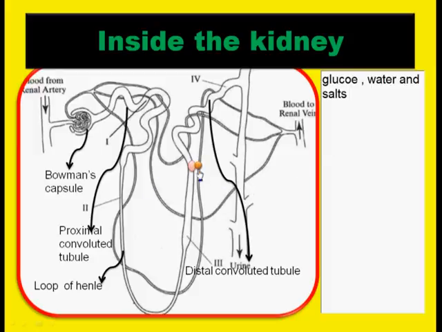Good. So the salt at this region right here, it leaves the what? Filtrate and goes into the what? Blood capillary. Thus it will return to the body. So only salt is reabsorbed into the blood capillary at this region right there.